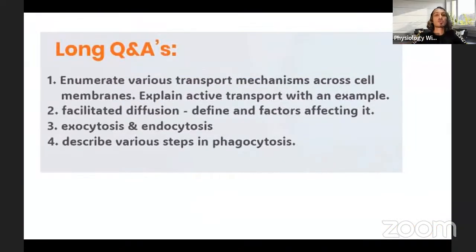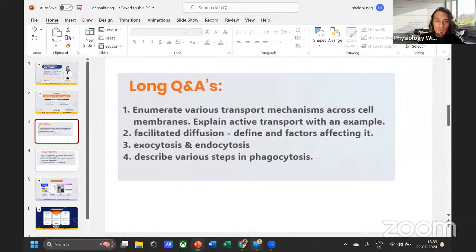To start off, take a look at the first question: enumerate various transport mechanisms across the cell membrane. For that, you'll have to understand the entire outline of transport mechanisms. So that is the basic thing that you have to do.